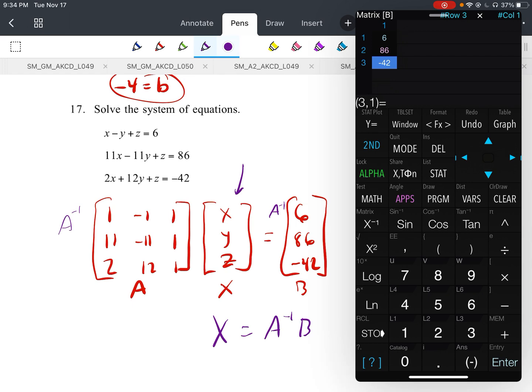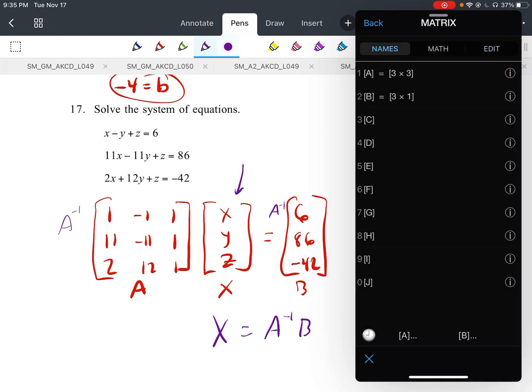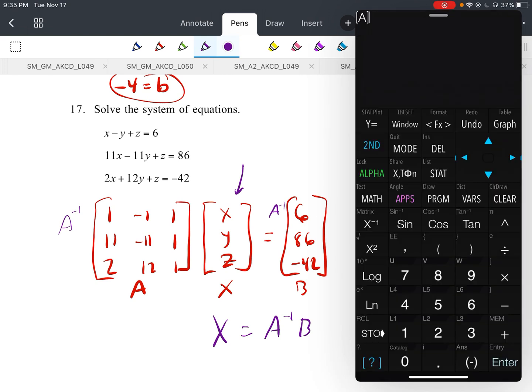So once you get all these in here, this could not be easier, guys. Just go to your home screen, and we're going to go matrix again. So we're going to go A. Now hit the inverse button. Oops, I did the wrong thing already. So go to matrix. I say it's easy, and then I'll do it the right way. So names, pick A. All right, now hit inverse, A inverse.